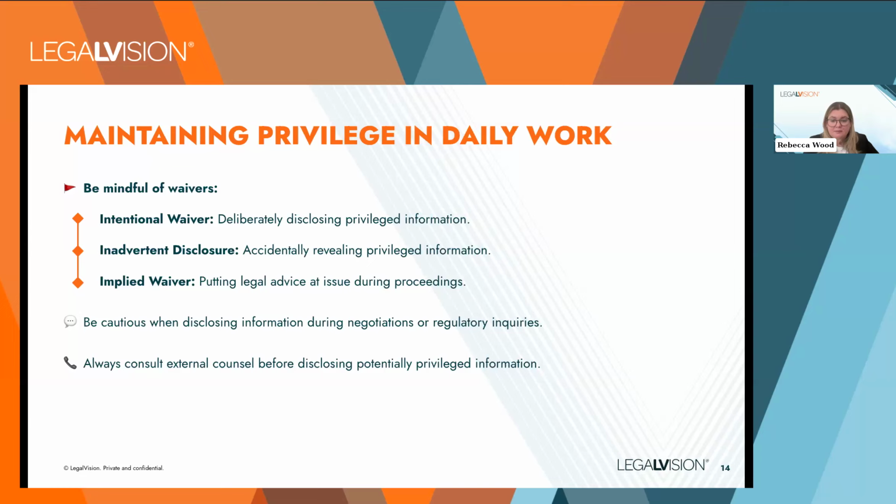In practice, it means that you need to be really careful about what you disclose, particularly say in negotiations or response to regulatory inquiries, third parties, and also just questions within the business. If you've got concerns, consult an external legal counsel before disclosing any potentially privileged information, particularly when it comes to legal proceedings.